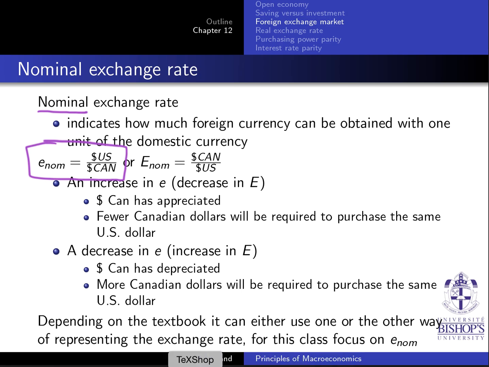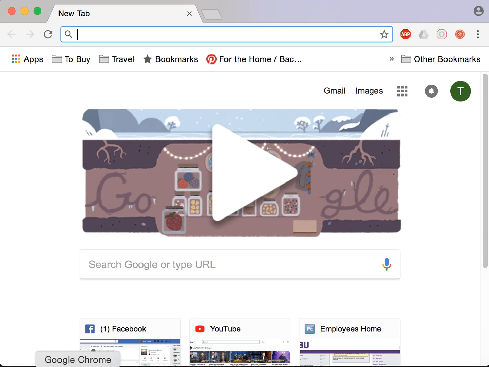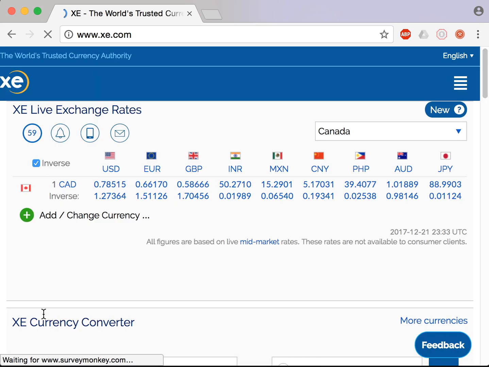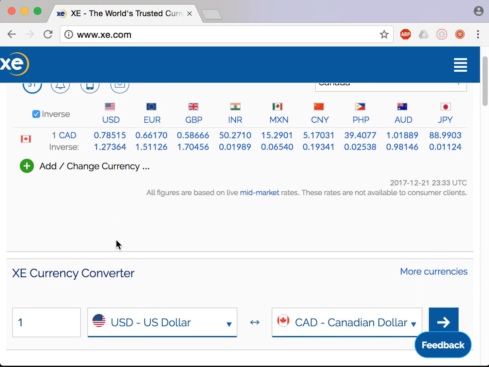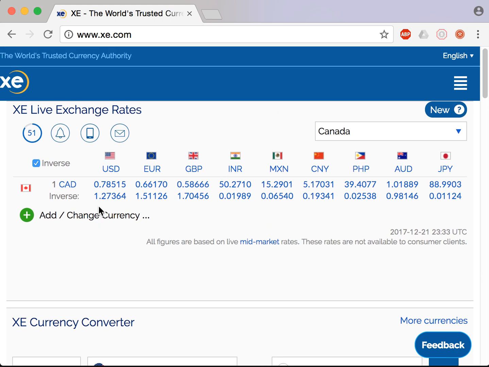We'll just take a quick pause here and see how this works. A good website to kind of get a look of it all is xe.com. So if I look here, they'll have a bunch of different examples, different currencies, and I could add currencies, and there's other currencies down here. But if I look over here, I could see two different rates for Canada and US. I could see 78 cents or $1.27.